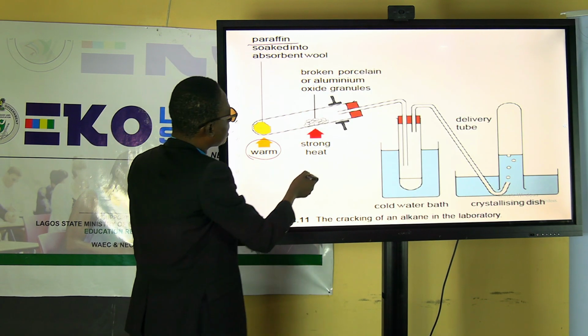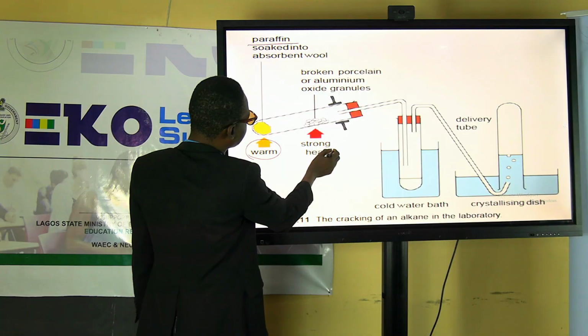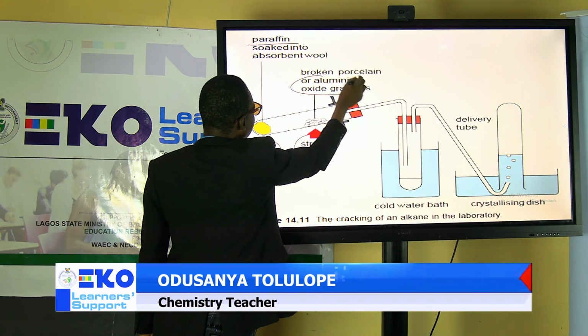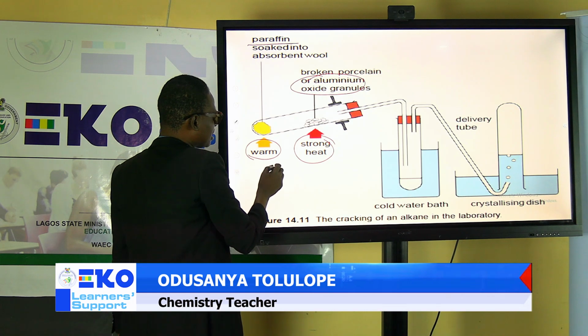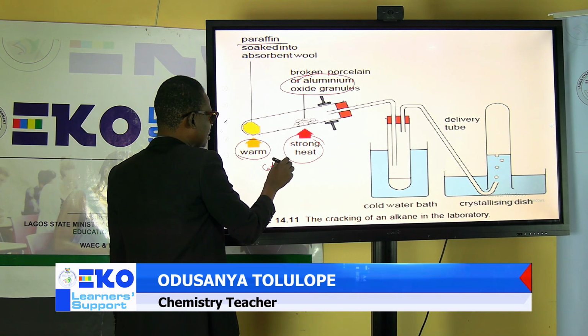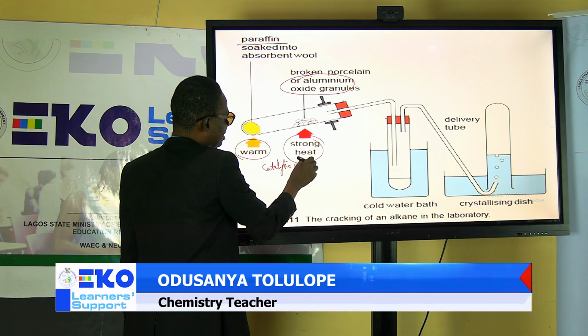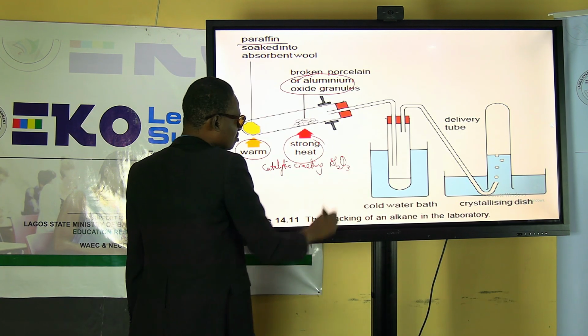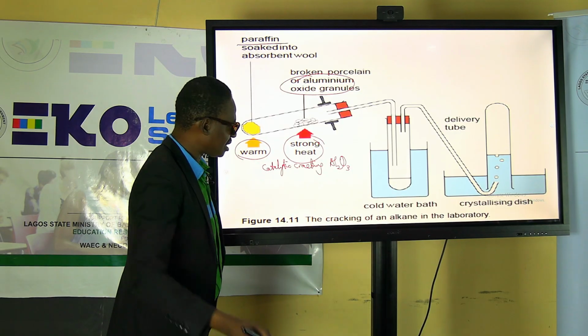So when it is heated, what happens? Strong heating in the presence of what? Aluminum oxide. So this process is called catalytic what? Cracking. Catalytic cracking, because it involves aluminum oxide as a catalyst.